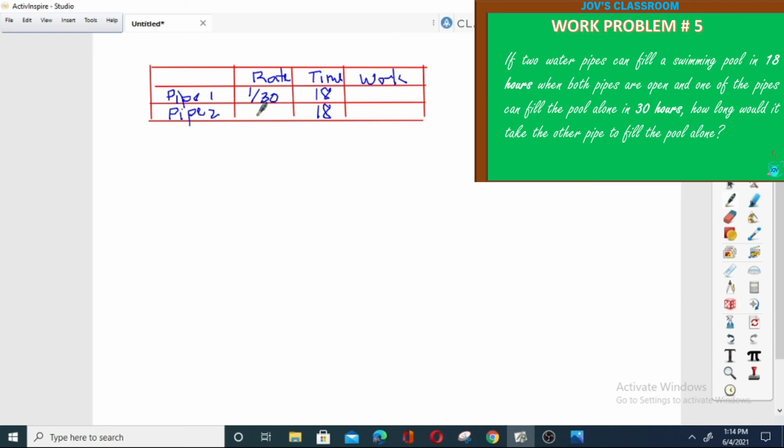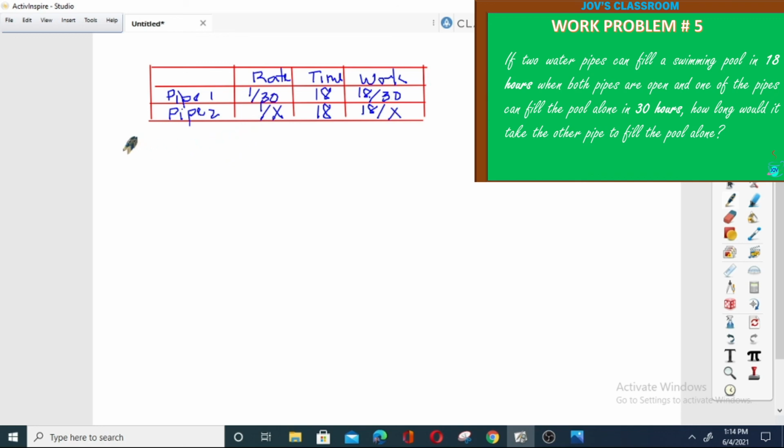The question is how long would it take the other pipe? So let's say pipe 2 will be the unknown rate. So let x be the time. So the rate of pipe 2 will be 1/x. So multiplying, this is 18 over 30 and then we have 18/x.